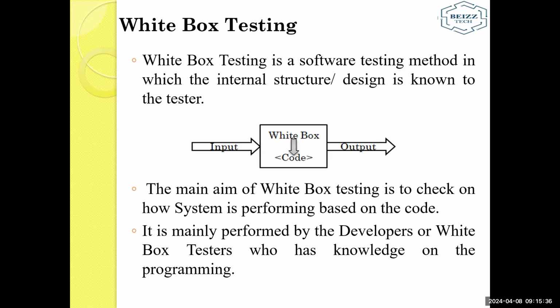It is a process where we can check the internal mechanism of the software. We can provide input to the software and check output from the software with the help of code, internal structure. So it is called white box testing. It is also referred to as glass box testing, transparent box testing, structural based testing, because we focus on the internal mechanism of the software.